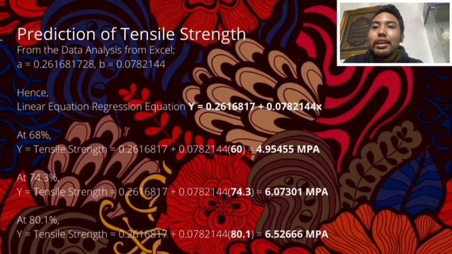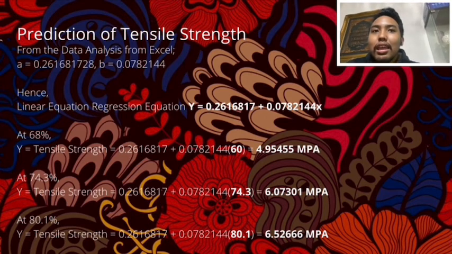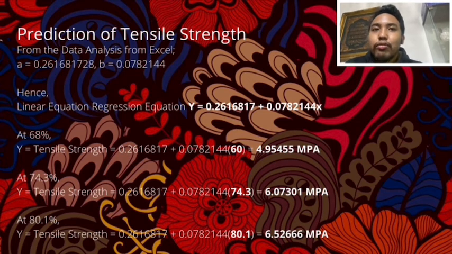Next, since the question asks to predict the tensile strength, in the regression table that has been given earlier, we can see that A equals to 0.26168178, and B equals to 0.0782144.